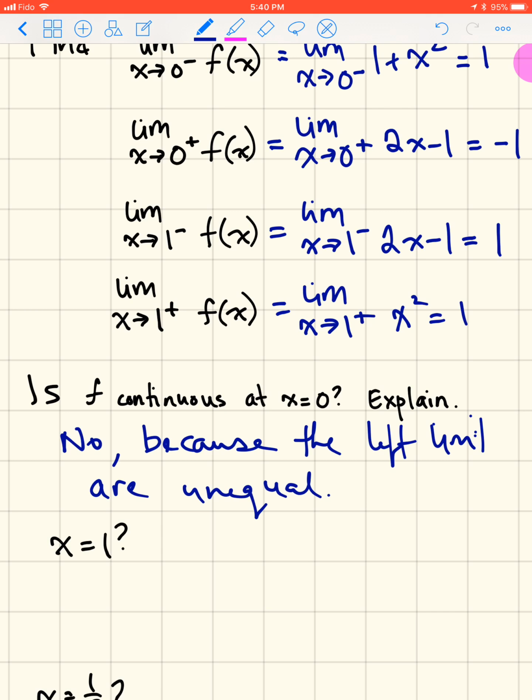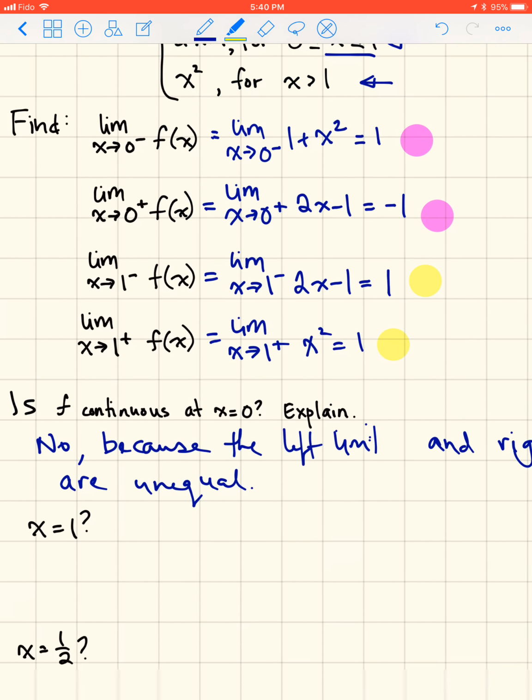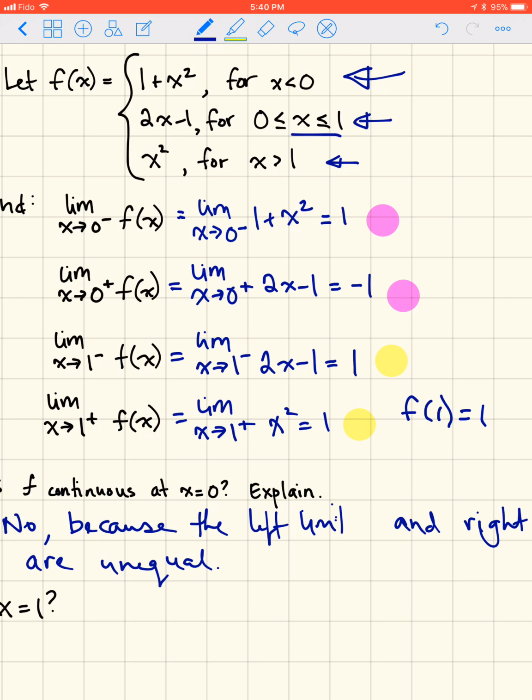At x equals 1, we have a different situation. We've got the limit as we come from the left is 1, and the limit as we come from the right is also 1. So the limits are equal, so that is helpful, but we also have to check, is the value of the function the same? And it is. We could check that for both of them, but no matter which piece of the function we look at, f of 1 equals 1. That's the second part of the piecewise function.